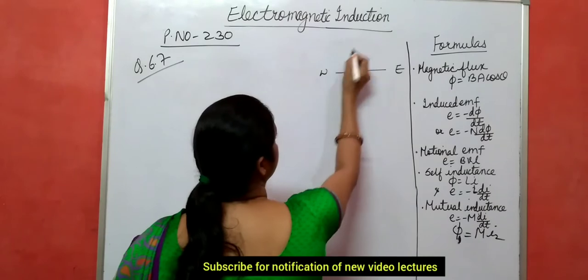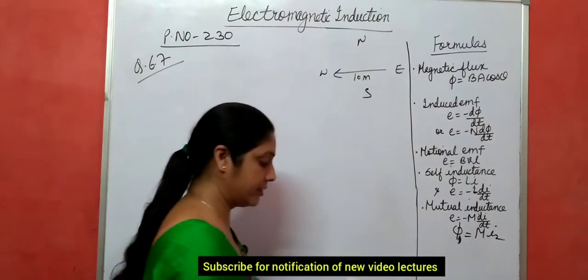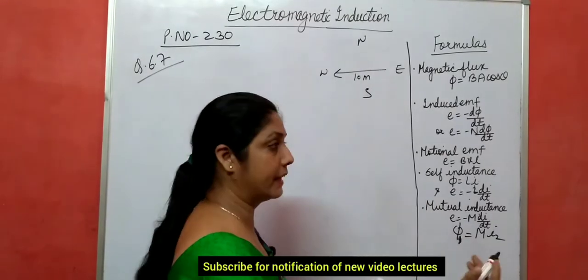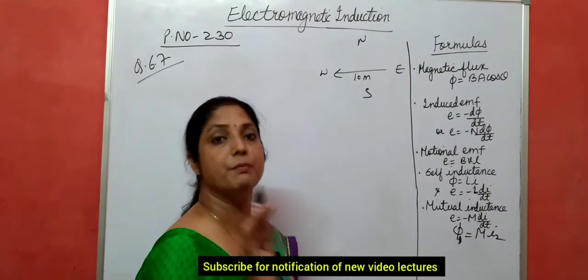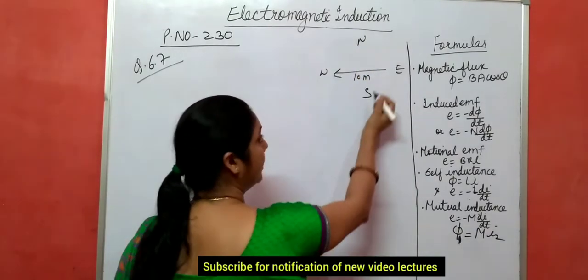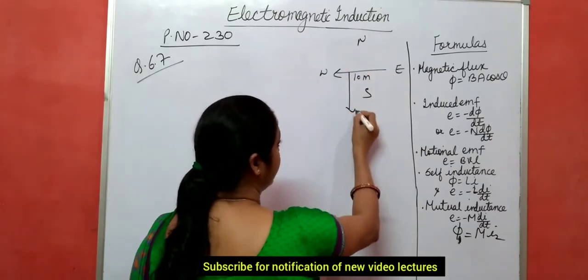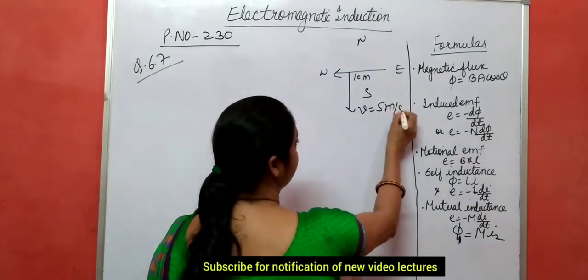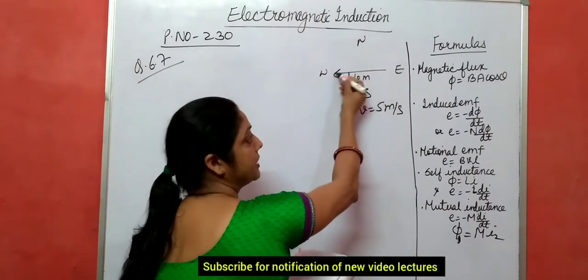This is east, west, north and south. The wire is extending from east to west and it is falling with a speed of 5 meter per second at right angles to the horizontal component of Earth's magnetic field. Its speed is given, V equal to 5 meter per second, at right angle with the horizontal component of Earth's magnetic field.